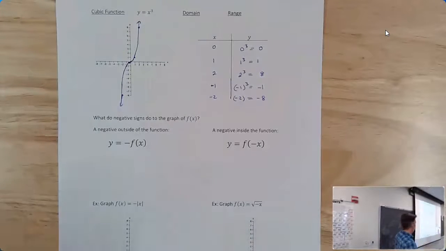Domain. Is there anything x is not allowed to be here? No, we're good, right? So I will point out now and later, when we talk more about domain, typically when you're thinking about the domain of a function, you're going to think about what x is not allowed to be. Usually you only run into problems if you have division by 0, a square root of a negative, or a logarithm.